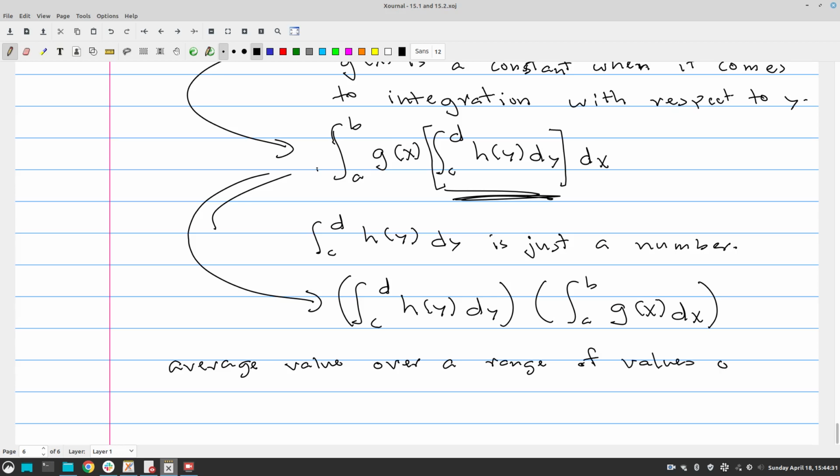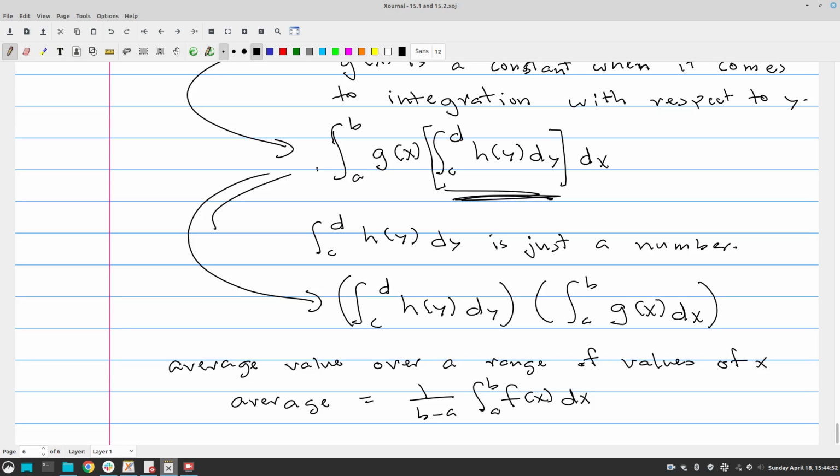So average equals 1 over b minus a times the integral of f of x dx, right?